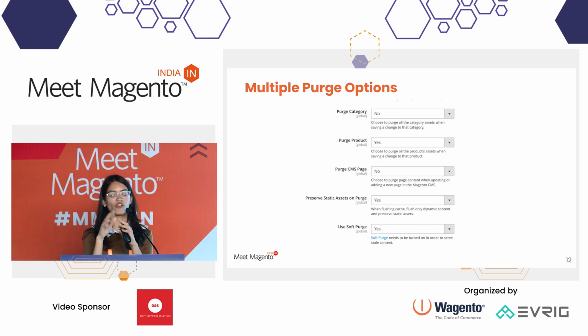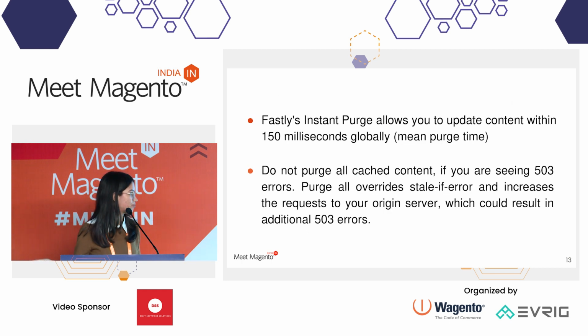What it actually does is purge the cache whenever you update a category. You save the category, and on the save event, it will purge and update the new content, so you don't need to purge the whole cache. Only the single entity's data is purged and it will be updated again. You can do this with products, CMS pages, and static assets, and this is a soft purge for the stale content delivery.